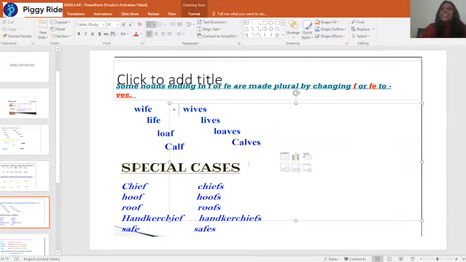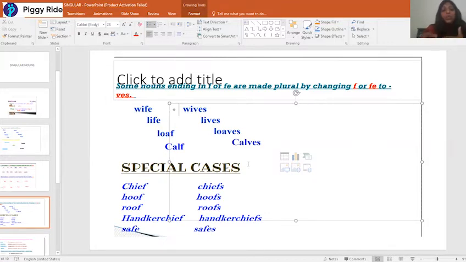Now, as I said, English has got some exceptions. There are some special cases where we don't change it. Like chief. We never say chieves, we say chiefs.